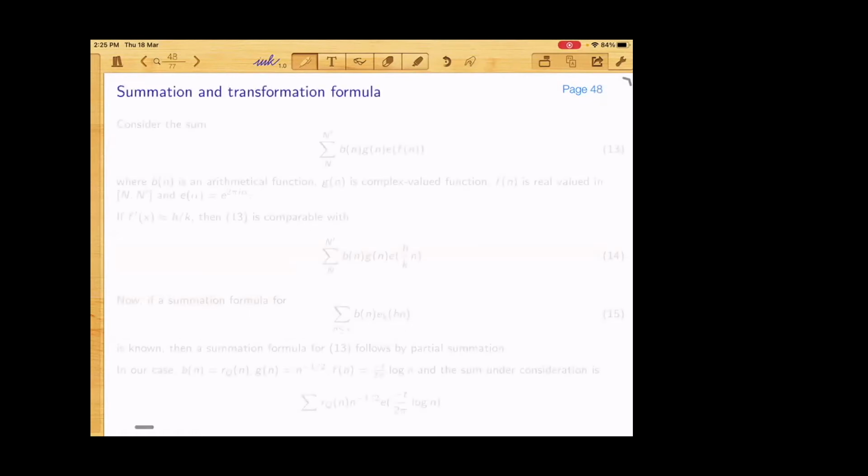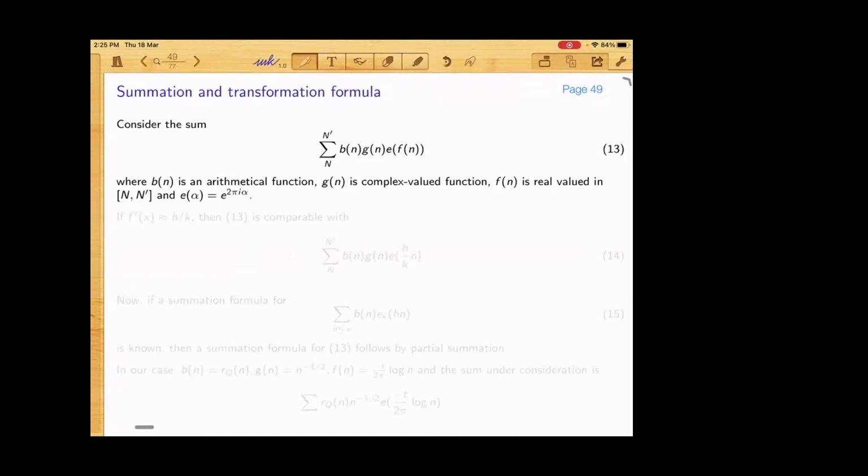All right. So I would like to explain a little bit about the summation and the transformation formulas that we have.